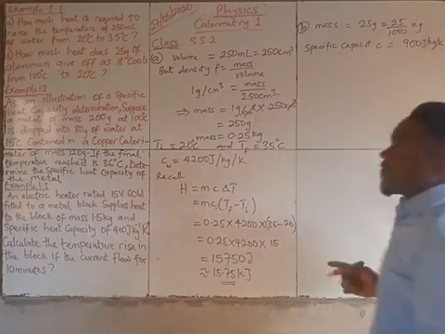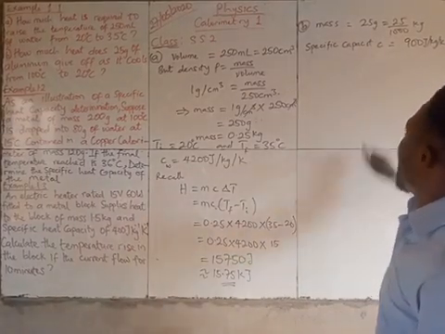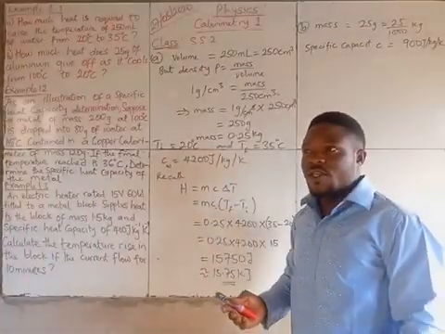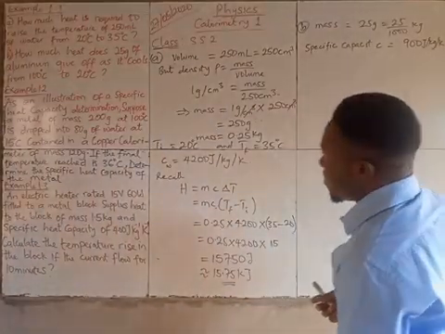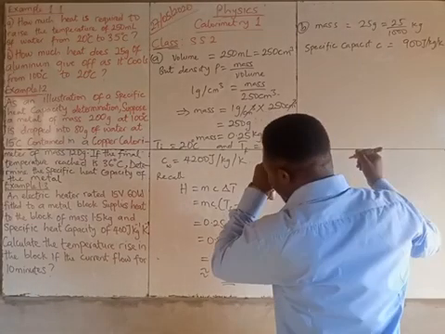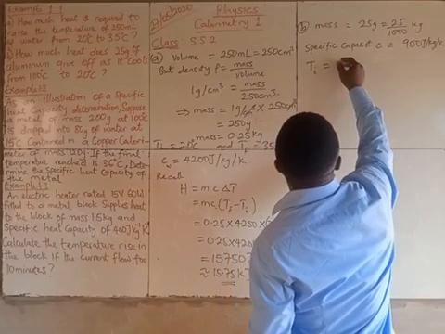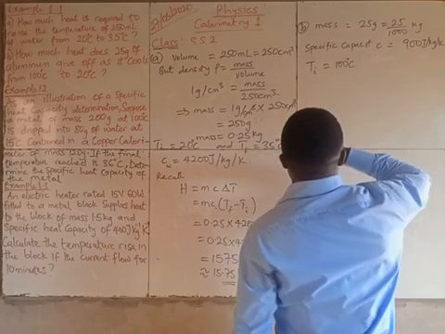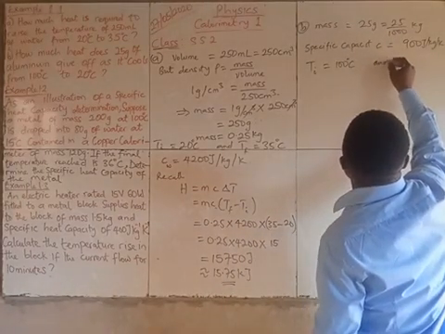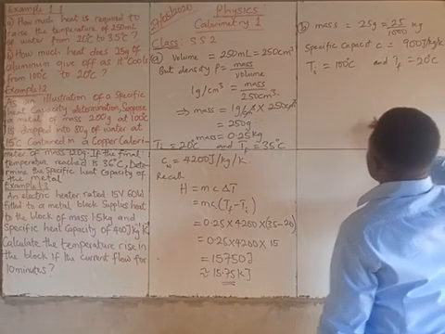Don't worry, whenever you find yourself in the examination hall, they will always give you these values, like specific capacity of aluminium, of water, or every other material that will be mentioned there. So don't worry, don't disturb yourself. Now, again, we are given the temperature change, that is the initial temperature of aluminium was given to be 100 degrees Celsius, very hot, and this reduced to a final temperature of 20 degrees Celsius.